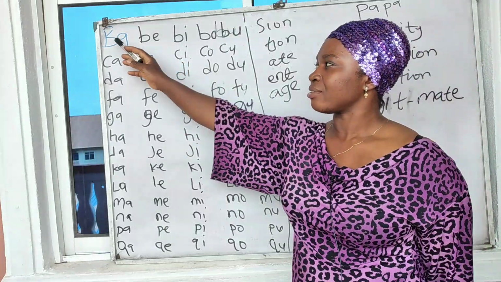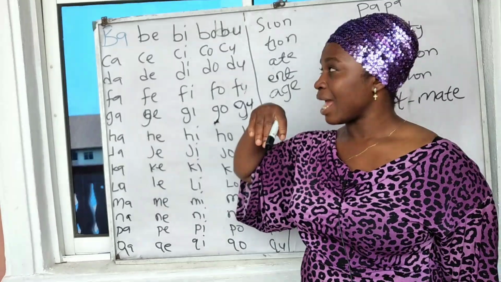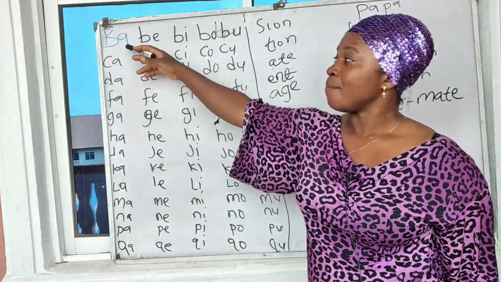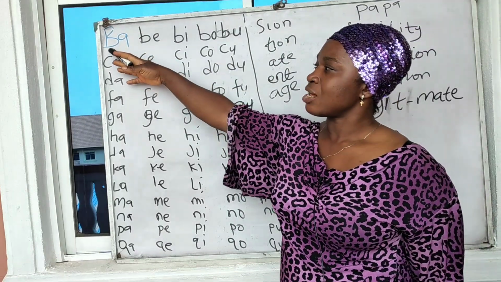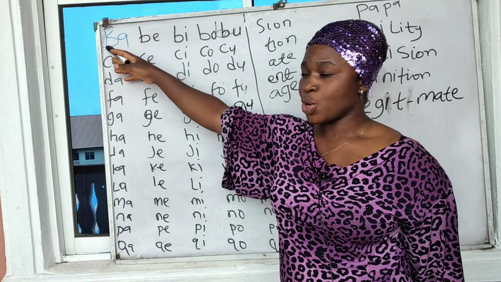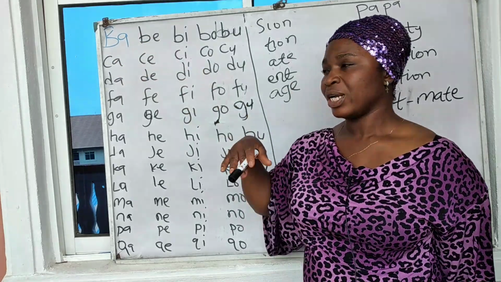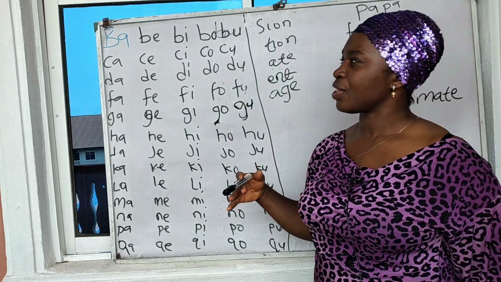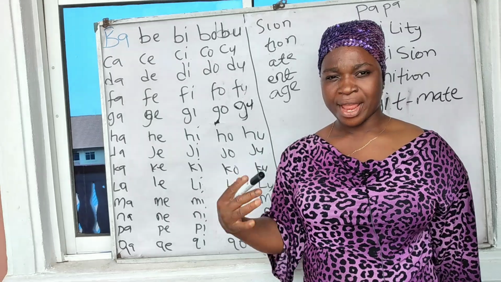This can be pronounced as "be" at the same time as "ba". Yes, "be" and "ba". When it is pronounced as "be", that means this is pronounced as the B we know and as the A we know. That is why you see some words, instead of being pronounced as "ba", you hear "be".